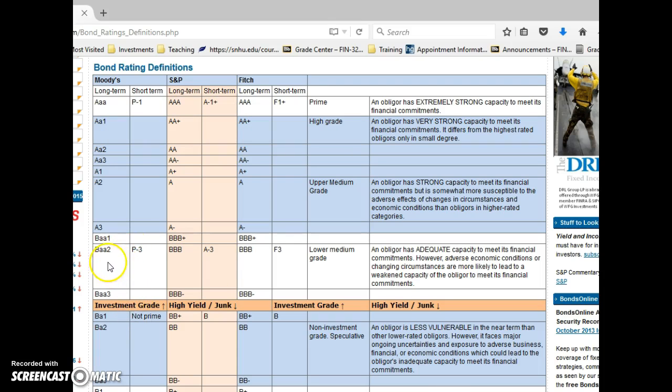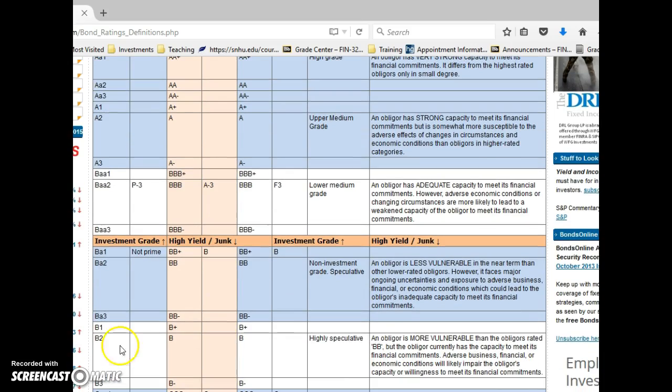So if we look down here at some of these B ratings, let's look here. This is a double B rating for S&P. If a company is rated double B, that means this company has some major ongoing uncertainties, and so they have an inadequate capacity to meet their financial commitment.